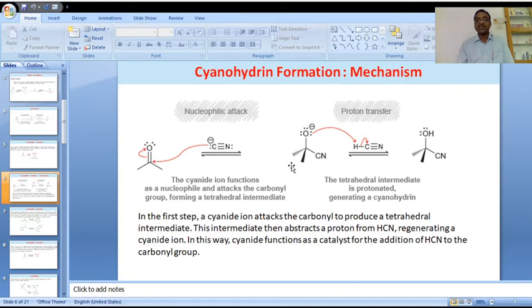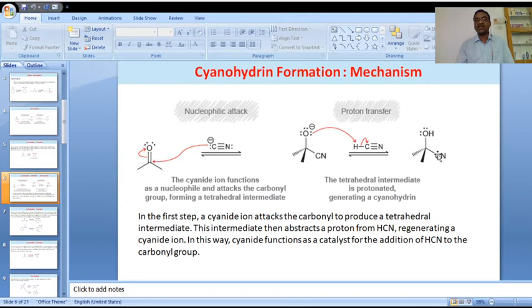Actually, this cyanide acts as a catalyst here. This catalyst is released again in the last step, that is the proton transfer step. It generates a cyanide ion from this step. Here the tetrahedral intermediate is protonated, generating a cyanohydrin.